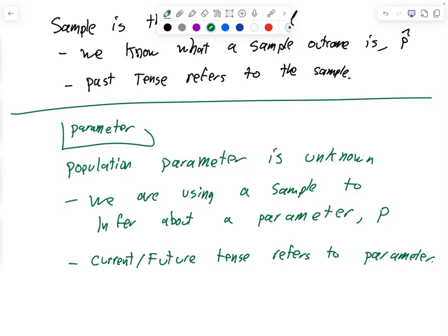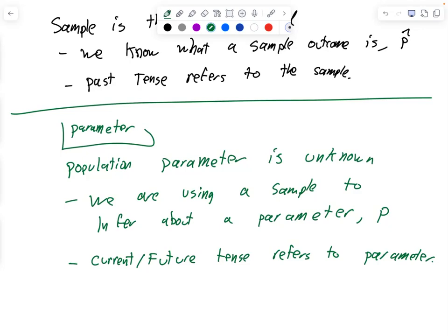That's all past tense, which means it's referring to the sample. What do we want to know about? We want to know about the percentage, a proportion of teens who text and drive. That's referring to the parameter.